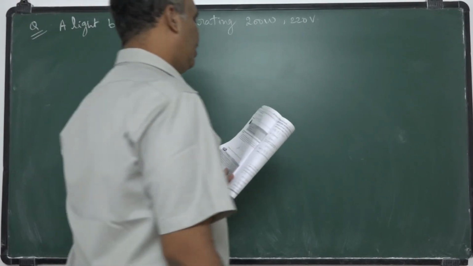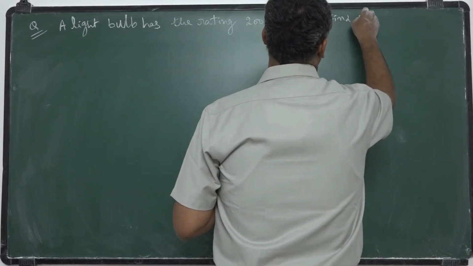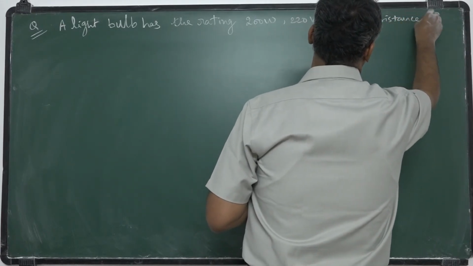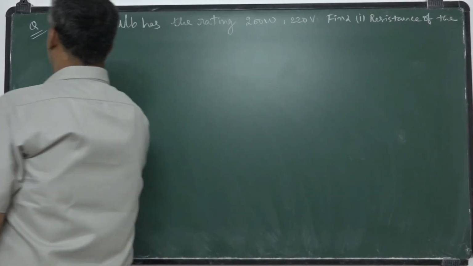Then find, first, the resistance of the filament of the bulb.